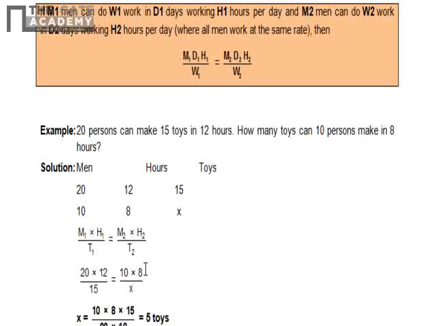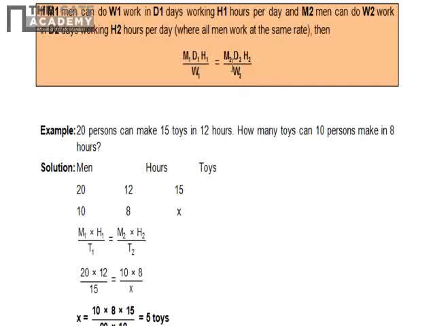If M1 number of men can do a work in D1 days working H1 hours daily, and M2 number of men can do other work in D2 days working H2 hours per day, and the rate is the same, then you have to write this formula: M1 D1 H1 upon work 1 is equal to M2 D2 H2 upon work 2. We'll see how to use this in our problems.